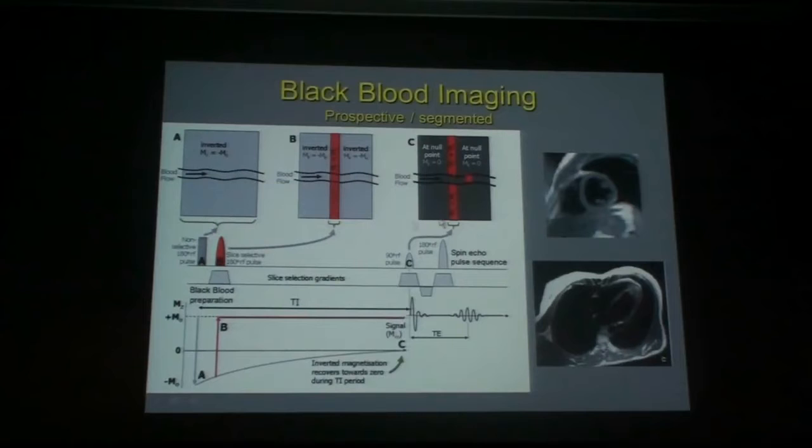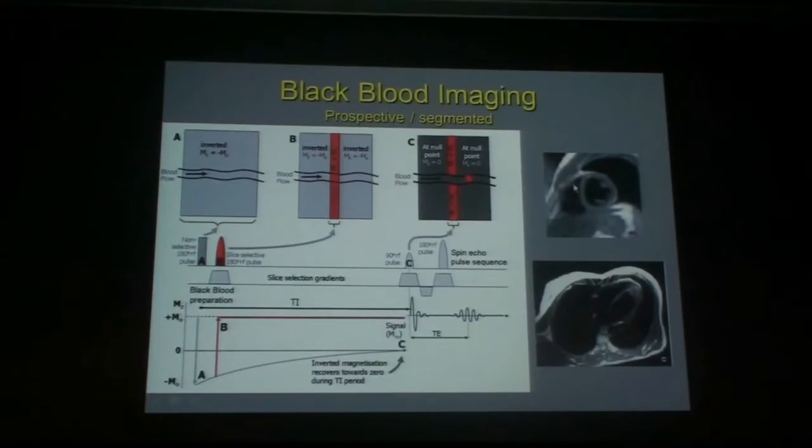Because during that time, all the spins that were inverted, that are going to give no signal after they reach 0, have moved in the vessel or in the heart to another place, and therefore you're going to get a full signal out of your myocardium, but no signal from the moving spins that were located in the vessels or in your heart. So this is an interesting sequence to get a black blood image.